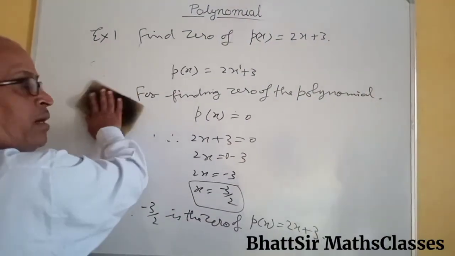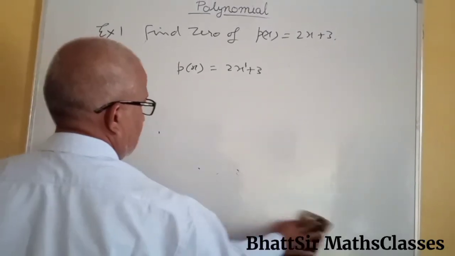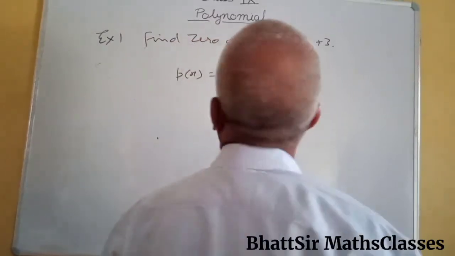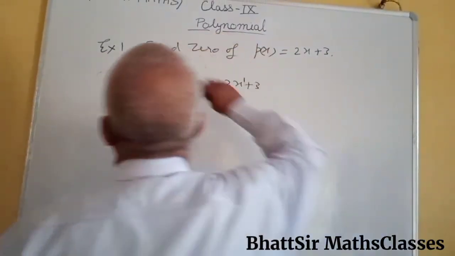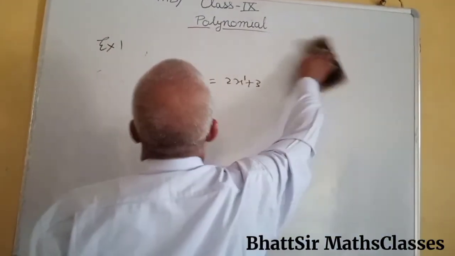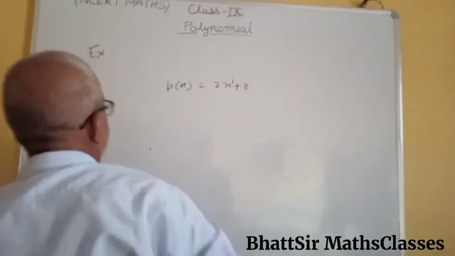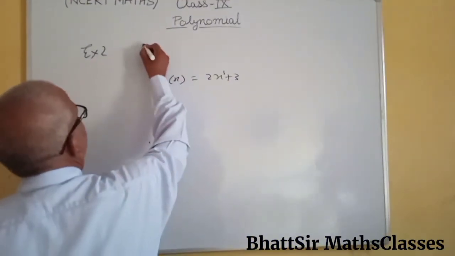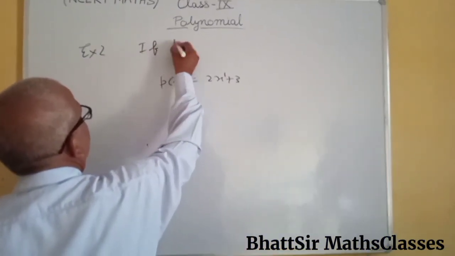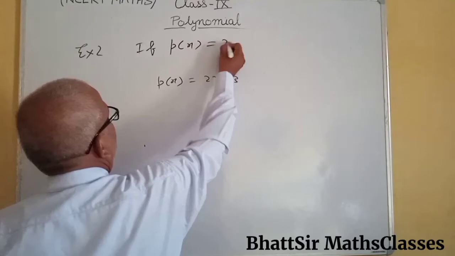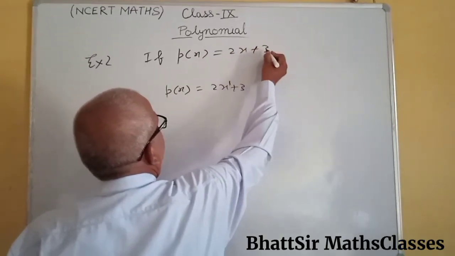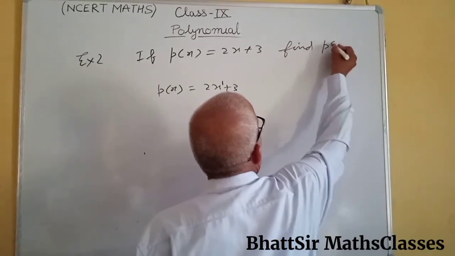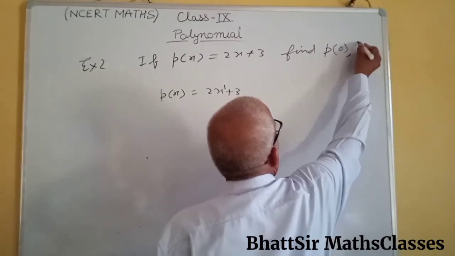Now I am giving an example. Example number 2. If p(x) equal to 2x plus 3, find p(0), p(1).